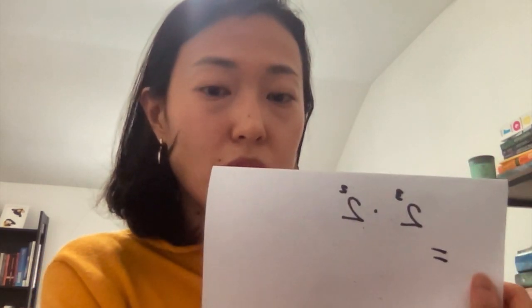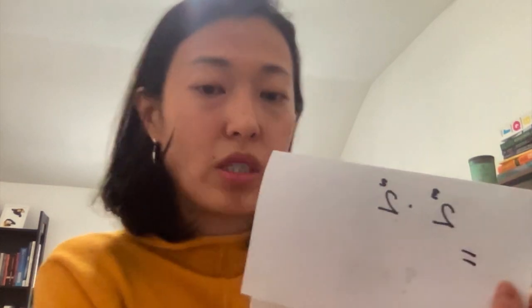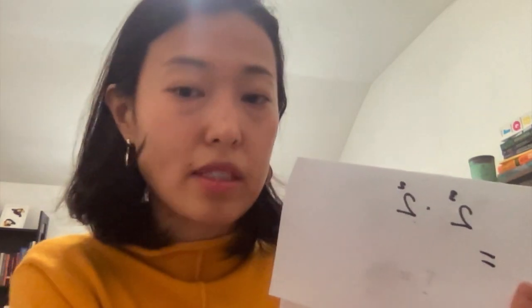So let's see if I wrote something like this: 2 to the power of 3 times 2 to the power of 2. How could we write this out? How would you go about writing this out fully? What does this ask us to do?